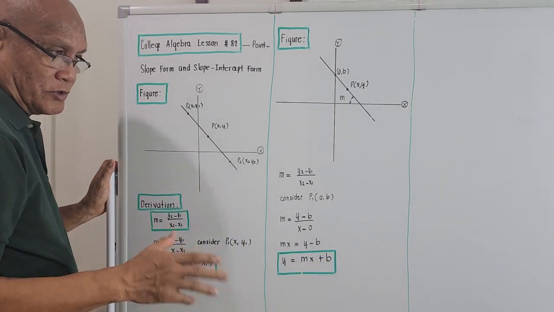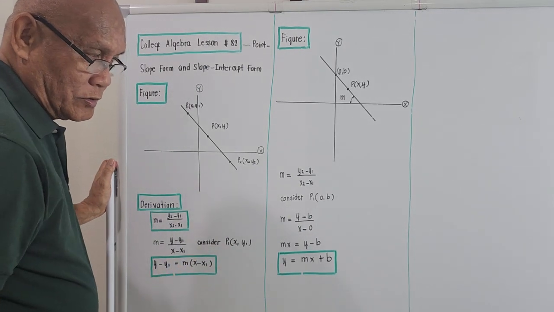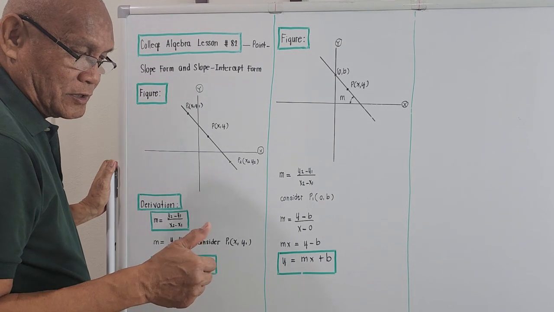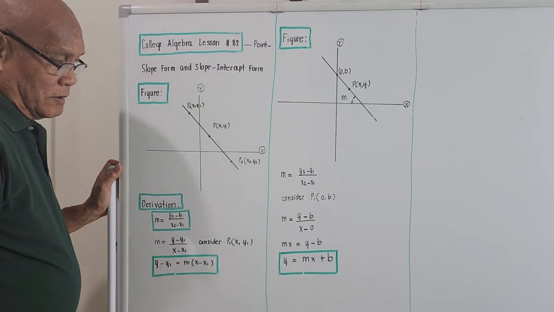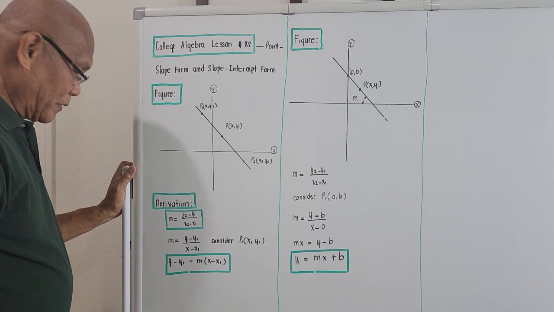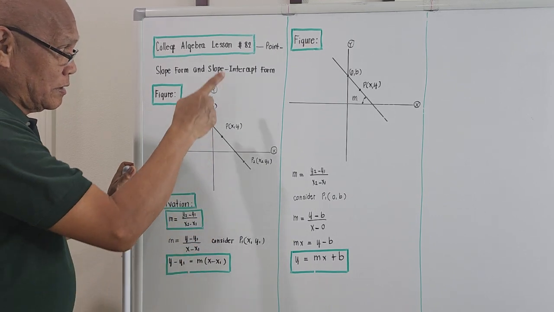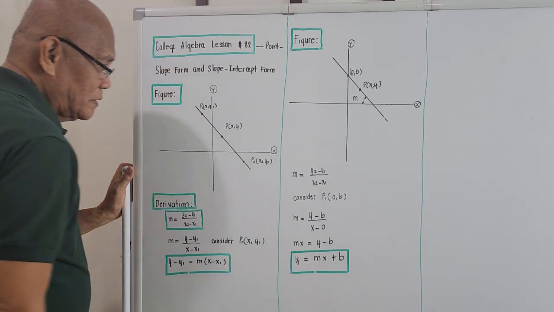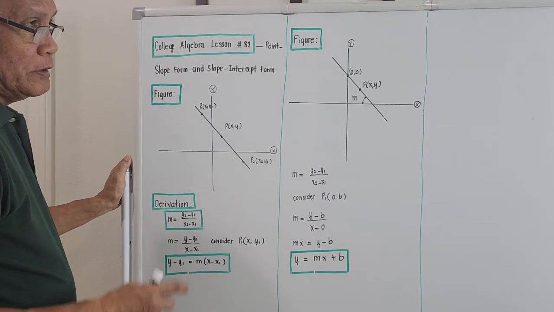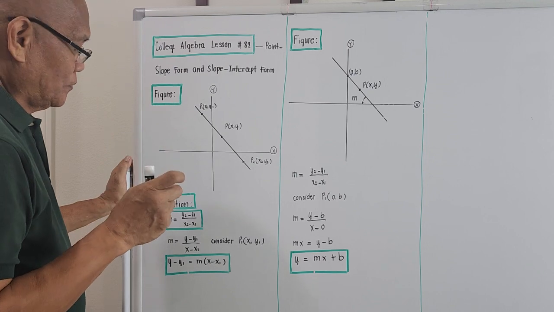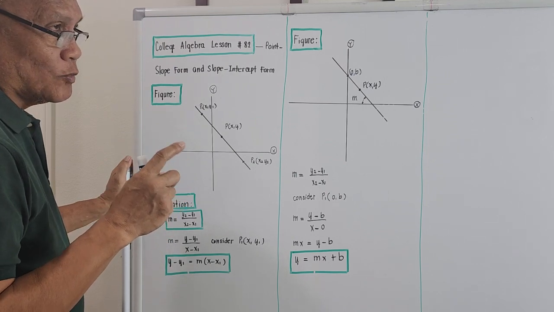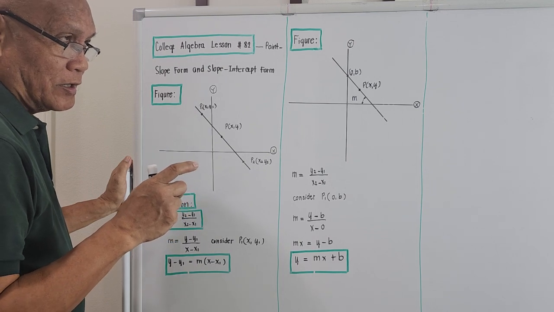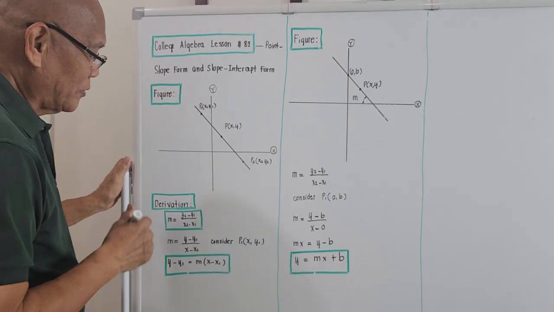We don't just use a general equation. If we could bring out the derivation, it's better for us. Okay, let's try to bring out the derivation of the point slope form. Point slope form means if we are given the slope and one point on the line, we can find the equation of that line.